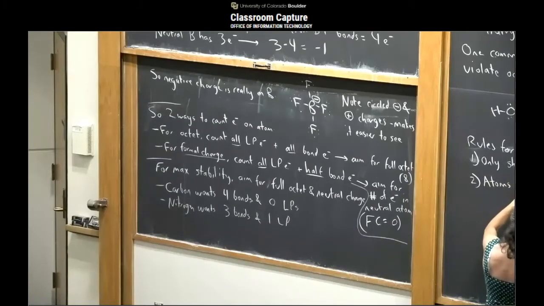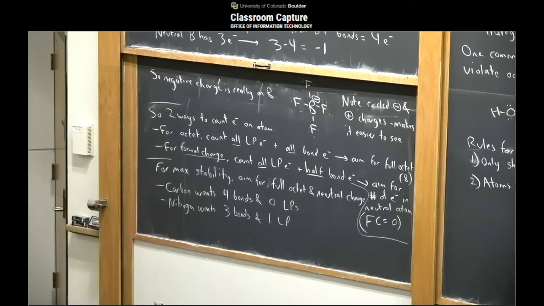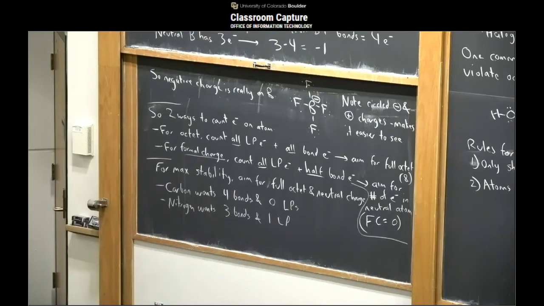Atoms in the top row have at most 2 electrons in their duet, and they're most stable at 2.